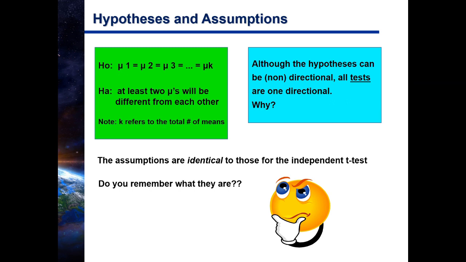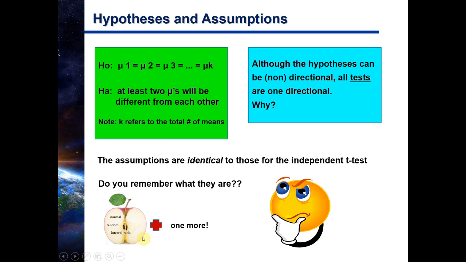So I showed you the apple core, and hopefully you remember what's in the core, right? The DV is normally distributed in the population. Participants are randomly selected from the population, and the DV was measured on an interval or ratio scale.